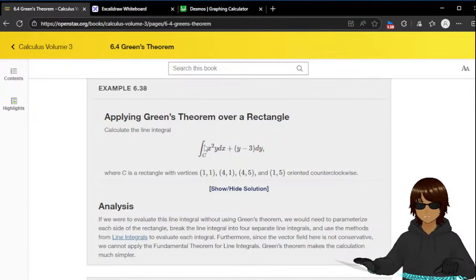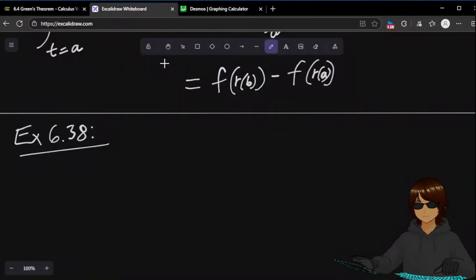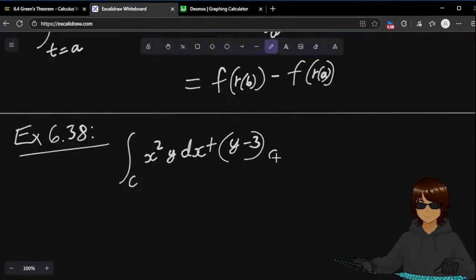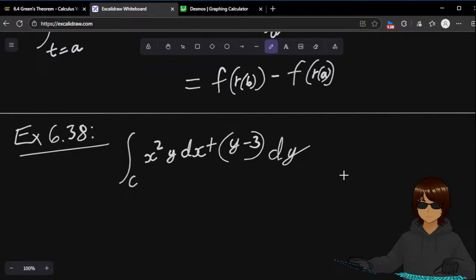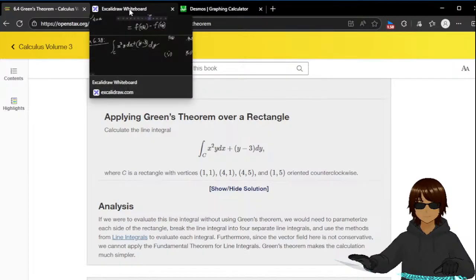Example 6.38. The line integral of x squared y dx plus (y minus 3) dy, where C is a rectangle with the vertices (1, 1), (4, 1), (4, 5), (1, 5), oriented counterclockwise.